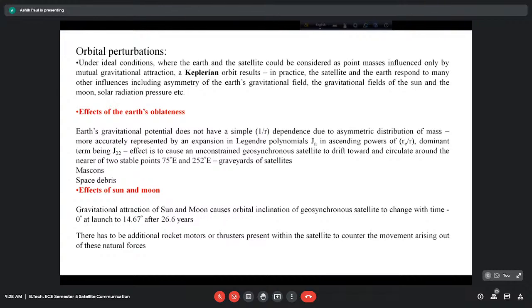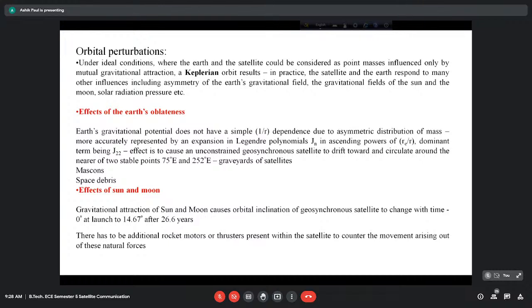Now, one of the factors to consider here, which we know from a long time ago from our geography classes, perhaps in class 7 or 8, is that the Earth is not a perfect sphere.